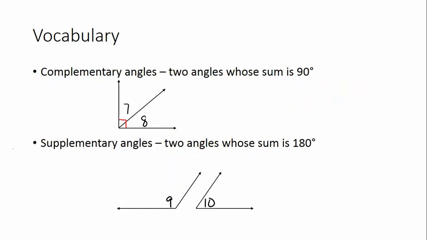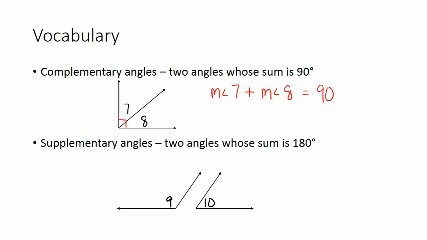Next we have complementary angles and supplementary angles. Complementary angles are two angles whose sum is 90 degrees, and supplementary angles are two angles whose sum is 180. So if you take the measure of angle 7, and you'll see me use the letter M with the angle symbol, that means the measure of angle 7, whatever it is, plus the measure of angle 8, they will add up to 90.